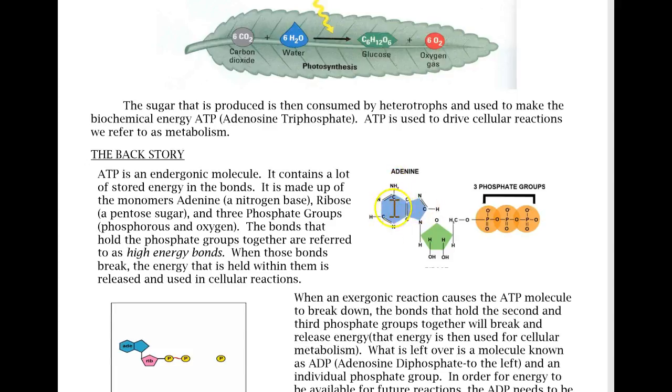It's also a double-ringed base because we have 1 ring here and 1 ring here. There are carbons and hydrogens that are joined, and these double lines represent double bonds. So we've got many bonds that are holding these nitrogens, carbons, and hydrogens together in this adenine, and that's stored energy. That's potential energy. That's endergonic.